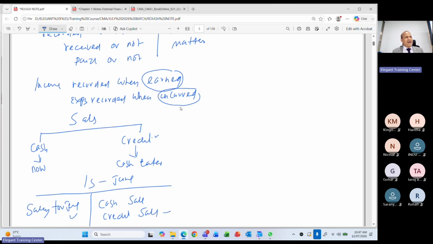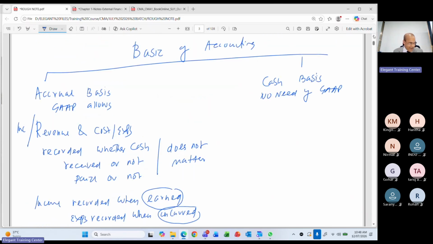Does not matter cash paid or not. Does not matter cash came or not. We have to record the transactions when earned and incurred. That is called accrual basis of accounting. And GAAP, the general accounting principle, requires you to follow the accrual concept. We say accounting concept, accounting basis, accrual basis and cash basis. Quickly, next, cash basis.